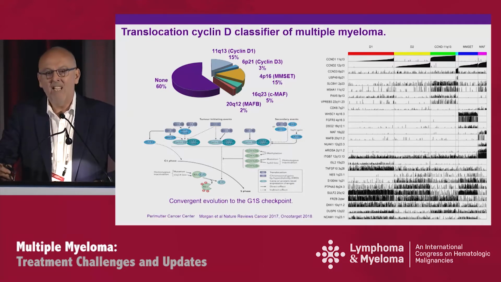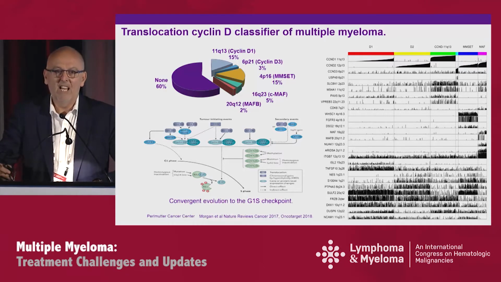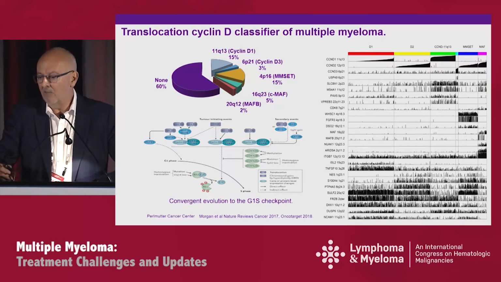And so I think we can consider myeloma not to be one disease, but a group of 6 related diseases that focus their biology on deregulation of the cyclin D pathway. And so all myelomas deregulate either cyclin D1, D2, or D3 to all intents and purposes. So it's convergent evolution on the G1S cell cycle checkpoint.